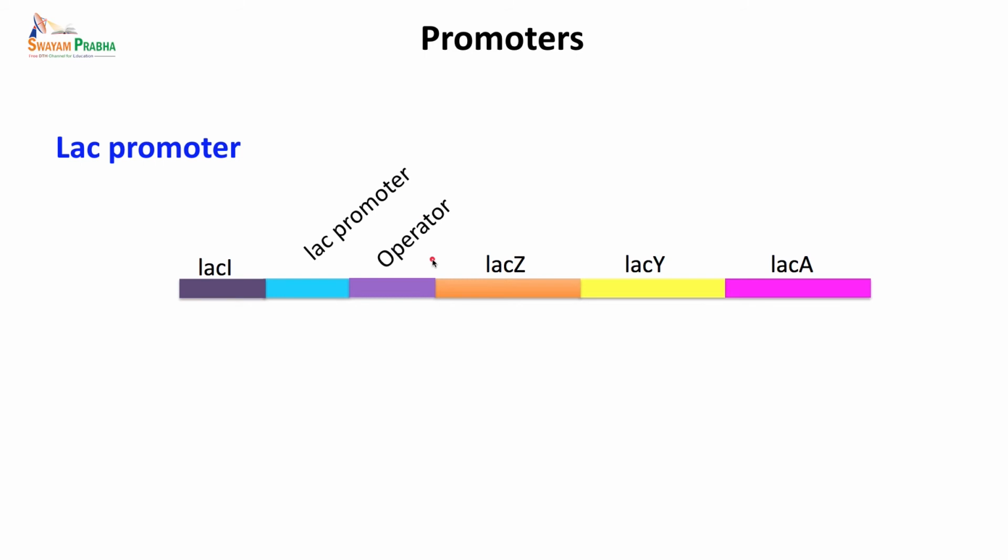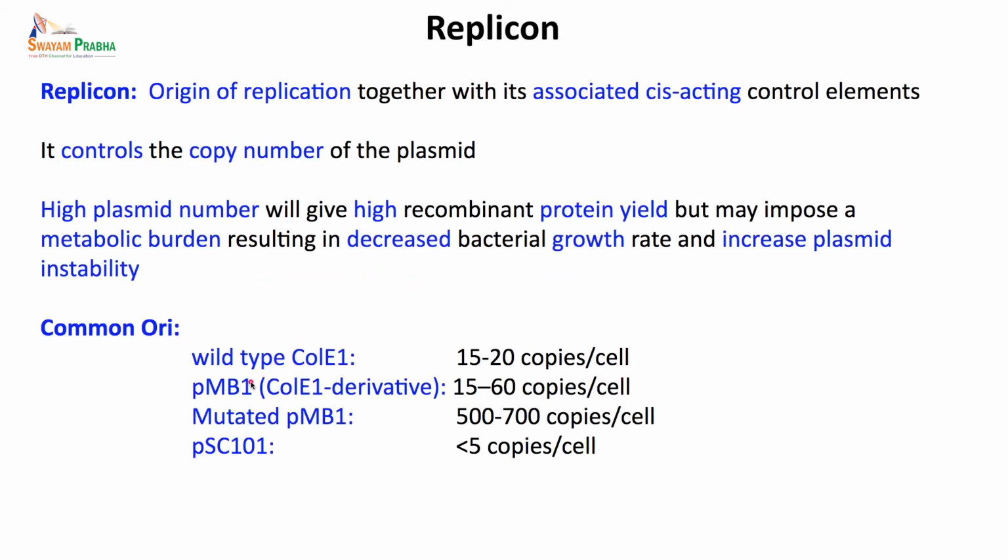So some of the common replicons that are present in E. coli vectors are listed here. Of course, there are many more, but these are the common ones. The original one that was present in the early pBR322 kind of plasmid vectors was the ColE1 origin.